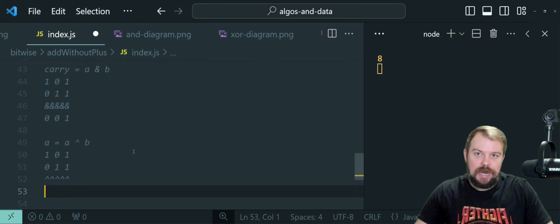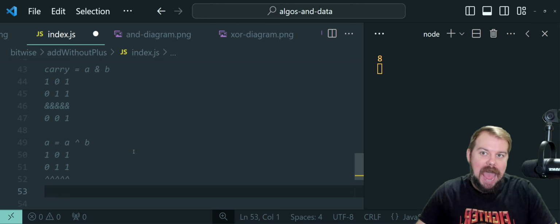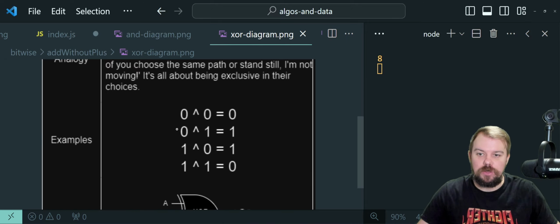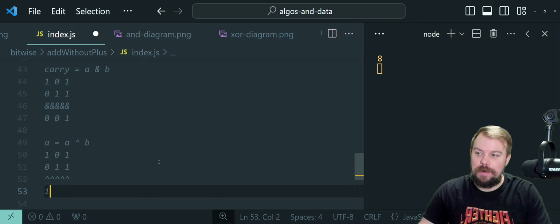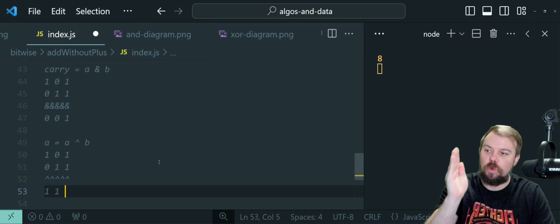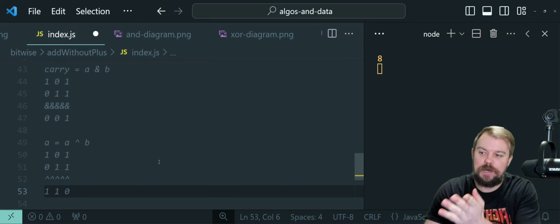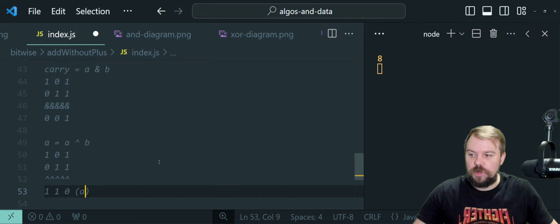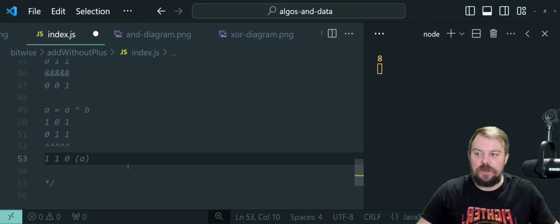Remember, this is exclusive OR. They have to be unique values, otherwise they get us zeros. So the first column has unique, the second column is unique. The least significant column, the two ones right there, are both the same, which means we get a 0. So this reassigns to A as that value right there, okay?